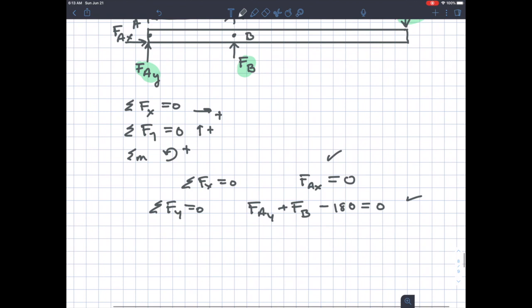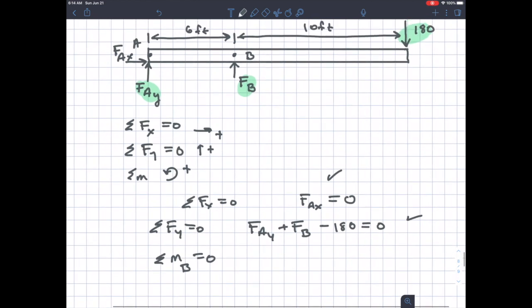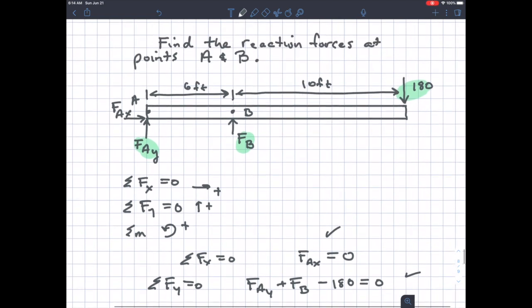We're going to do a couple of examples of this. Let's do the sum of moments about point B equals 0. B is our choice, and we're going to sum all the moments about point B. Looking at point B, I see 1, 2, 3, 4, 5, 6 units away is FA.